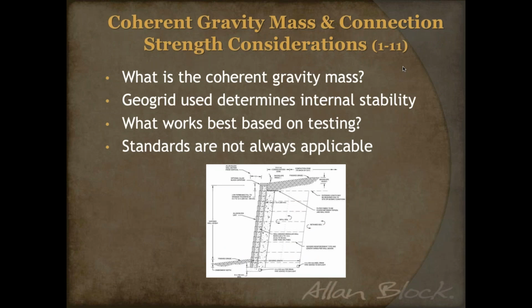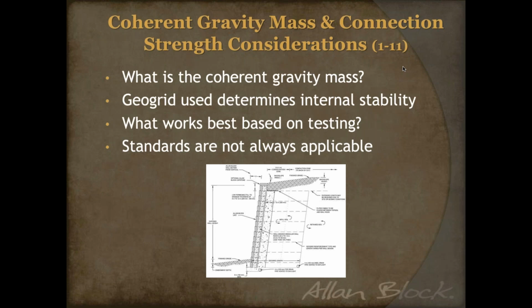Now, moving into coherent gravity mass and connection strength considerations. The coherent gravity mass is made up of the wall facing and the reinforced zone behind the retaining wall, made with the geogrid and the compacted soil. What's worth noting here is that a lot of factors of the geogrid are going to be used in our wall design, and will determine the internal stability of our wall.